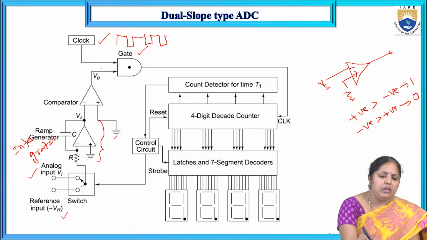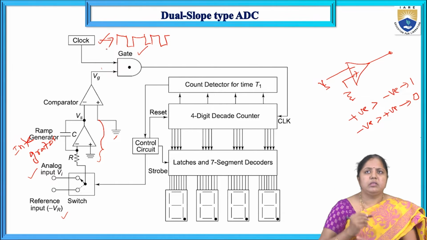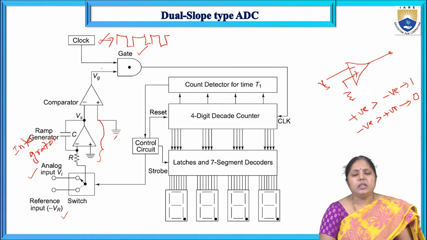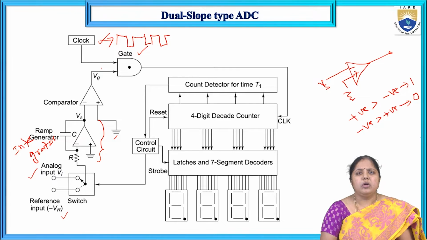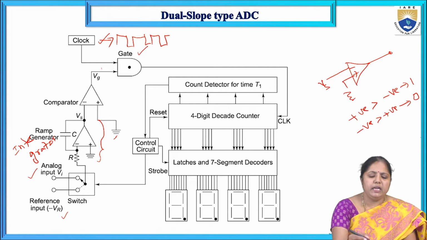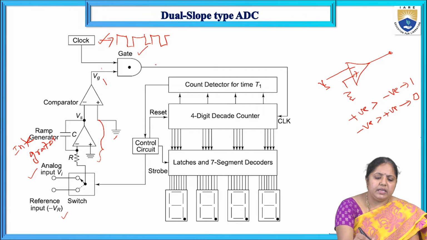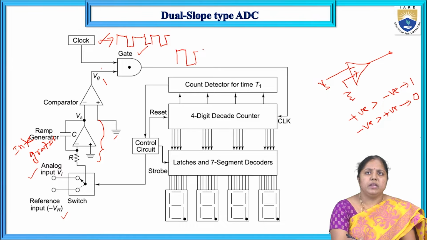Now, the pulses of the clock signal reach the output of the gate when Vg equals 1. At that time, the AND gate will allow the clock signals through.